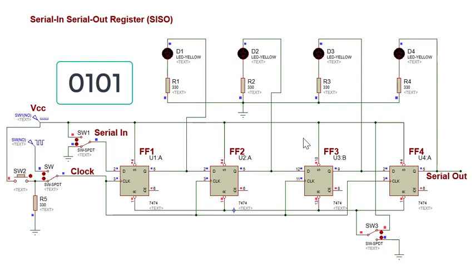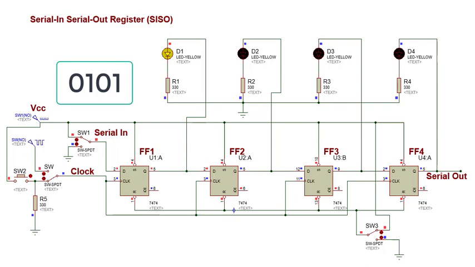Let us set SW1 to up position. To load the data to our first D flip-flop, we will now press SW2 once. You will notice that LED D1 is lighted, but D2, D3, and D4 are not.